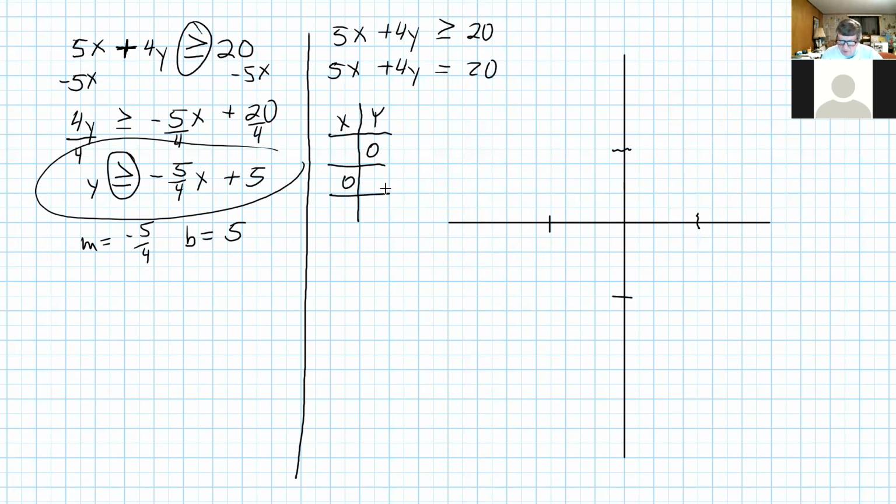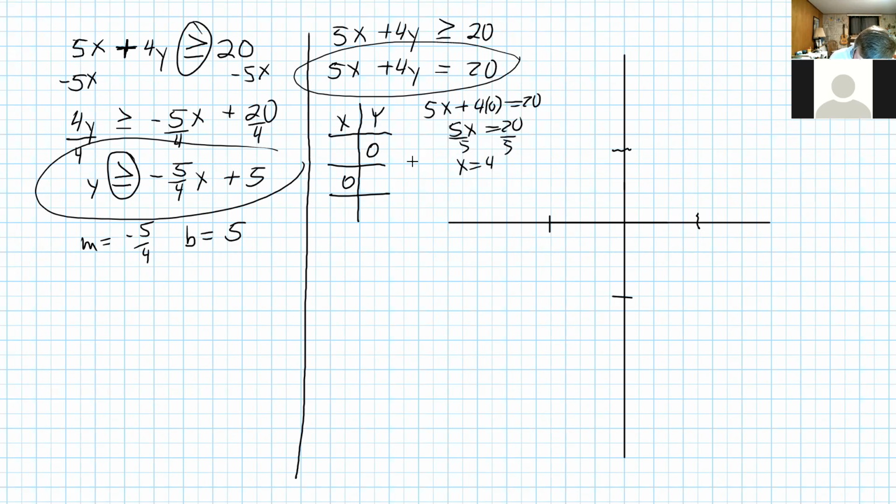Okay, so looking at this equation, if y is 0, I would have 5x plus 4 times 0 equals 20, or 5x equals 20, or x equals 4. So the x-intercept is at 4, 0, which is right there. Finding the y-intercept by setting x equal to 0, I would get 5 times 0 plus 4y equals 20.